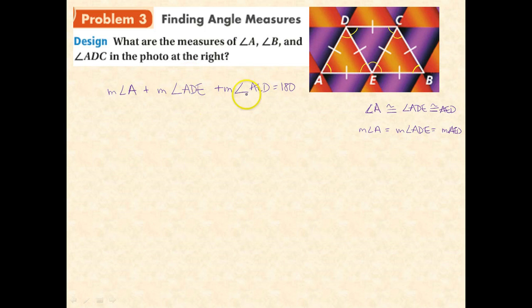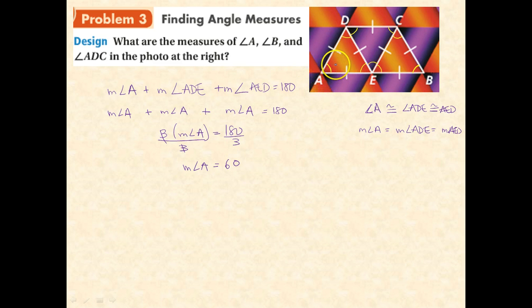Measure of angle A plus, substituting, measure of angle A, plus measure of angle A equals 180. Well, that's 3 times the measure of angle A equals 180. Then I use the division property of equality to get that the measure of angle A equals 60 degrees.